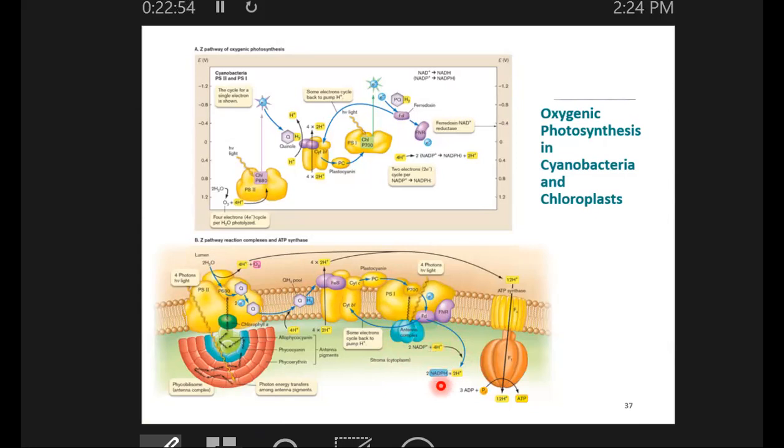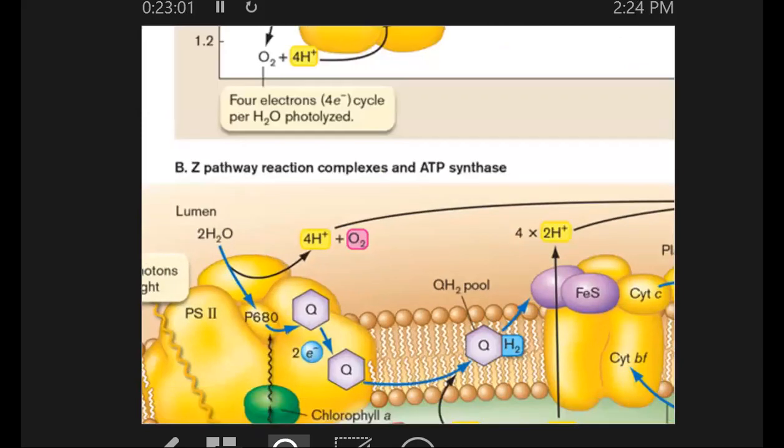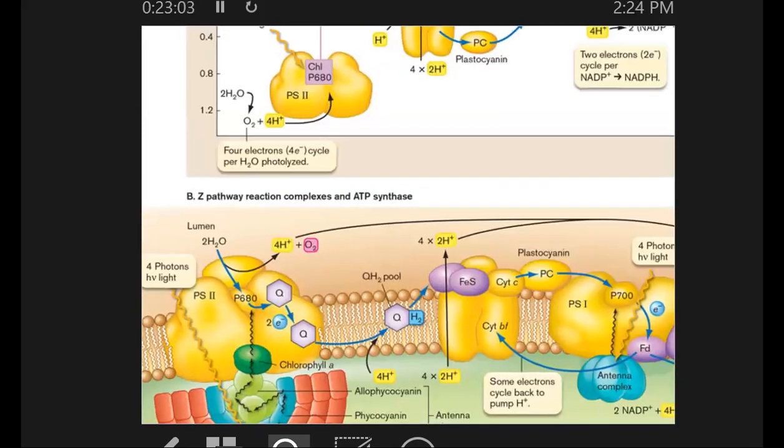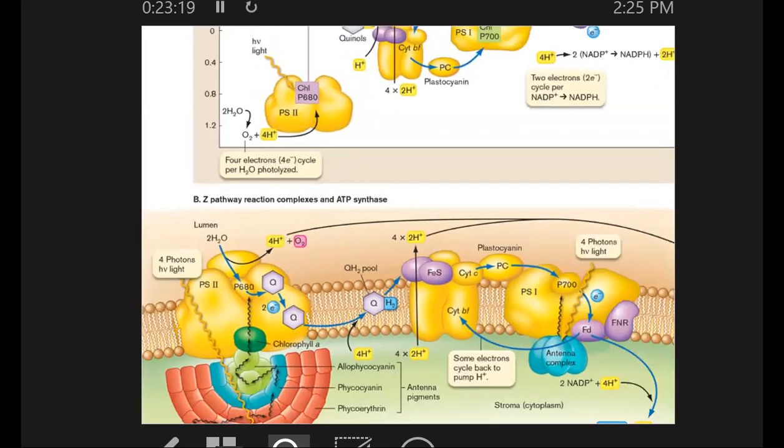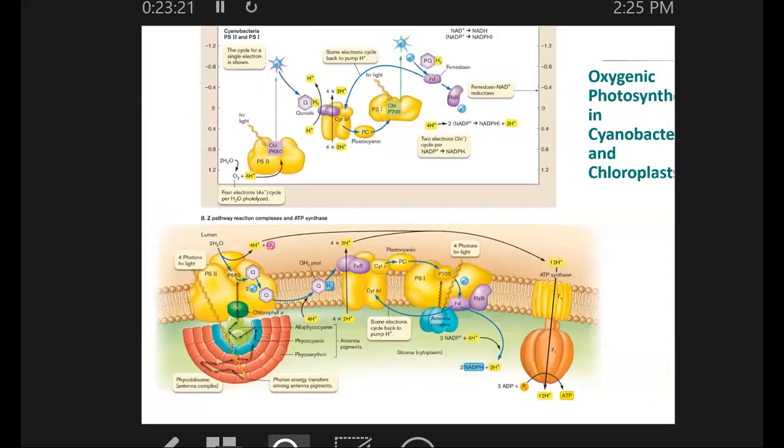They're also showing the proton gradient and how the protons are getting pumped across the membrane. Water, of course, is donating protons to this. So you get this proton gradient across the membrane, which allows the ATP synthase to do its job and get ADP phosphorylated.